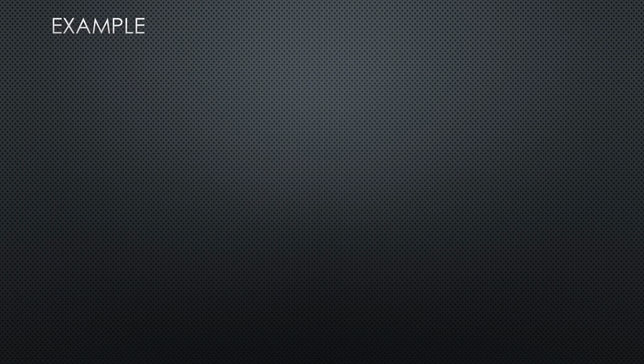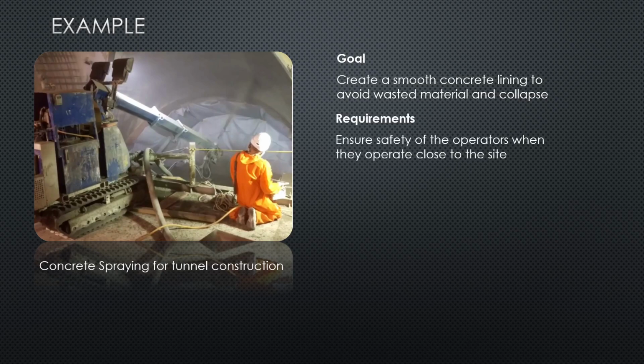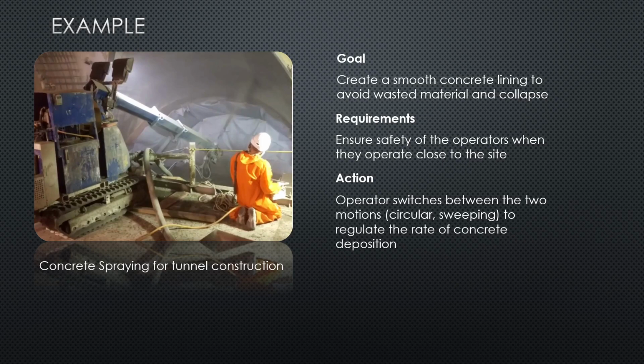To understand this more clearly, I'll take one specific example of concrete spraying for tunnel construction. For this, the goal is to create a smooth concrete lining such that any waste material is avoided, and any material that collapses is also avoided. The requirements are essentially to ensure safety of the operators when they operate close to the site, and the action that needs to be performed is a combination of two particular skills or motions, which is circular and sweeping.